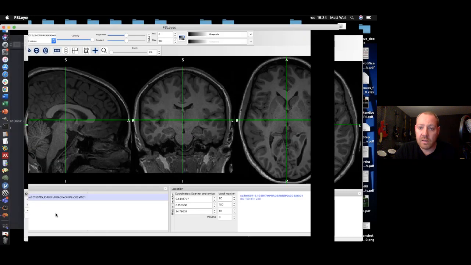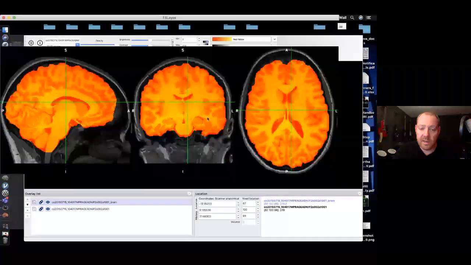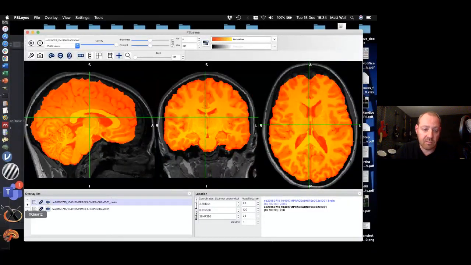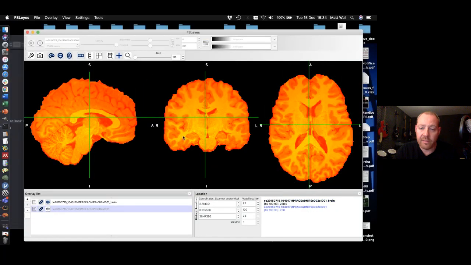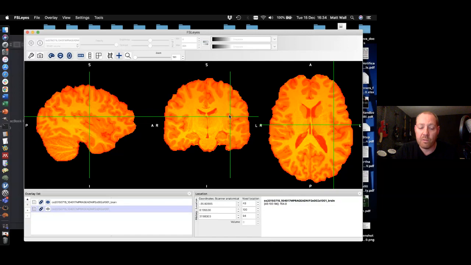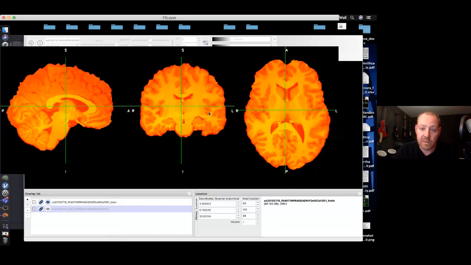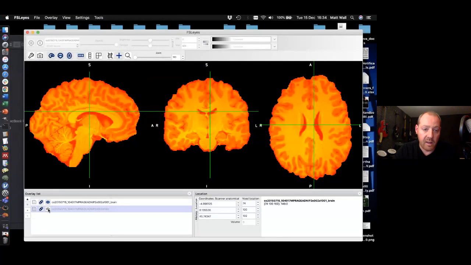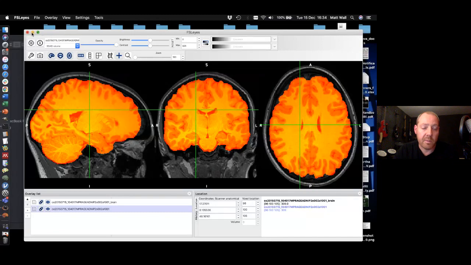And then I'm going to change the color of that. So we're seeing the brain extracted version in reddy orange color. We can hide the other one. So that's what that's done, is that's removed all the skull and neck and other gungy bits of the face and just left us with a pretty nicely extracted brain, which is great. That's what we want.